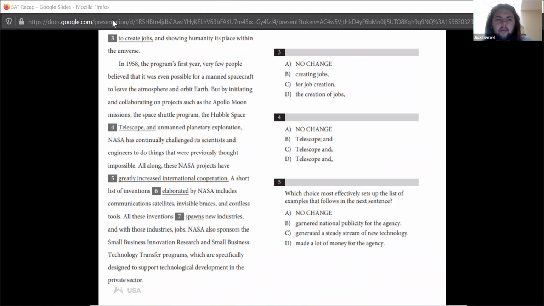I believe this is referred to generally as parallelism, where if you're going to have a list of things, they all need to be grammatically the same. They all need to be grammatically similar. So if I were to say, I like to go to the store, the bank, and to the water fountain, that would sound kind of awkward.